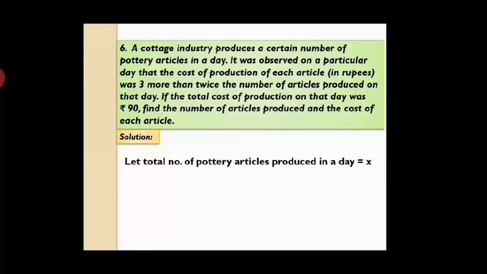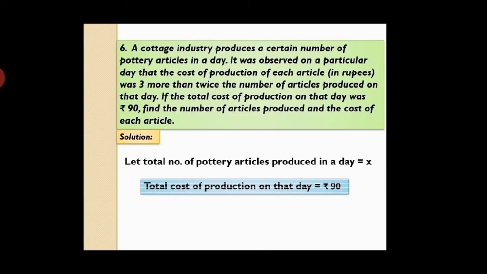So let total number of pottery articles produced in a day is x, and it is given that total cost of production on that day is rupees 90. So cost of production on each article will be 90 upon x.